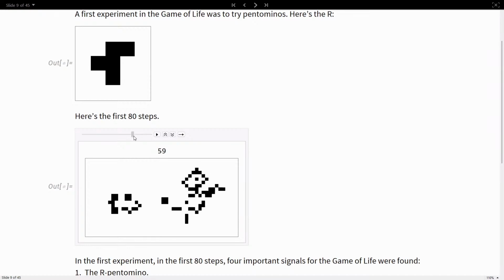And slightly earlier than that, they noticed this odd shape here. The R pentomino started over here, and after 48 steps, they had this odd shape here, which they called the Herschel. And various other shapes which they'd seen before in other iterations, but they were close together, so they wound up creating more chaos.